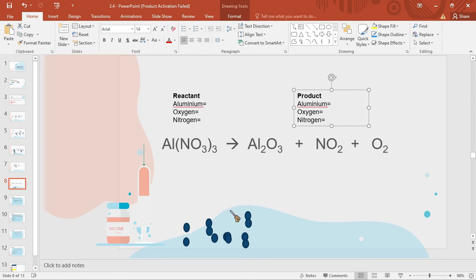Let's go one by one. Aluminium, we got how many? 1. Nitrogen 3.